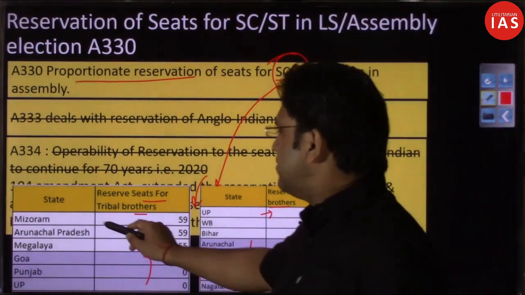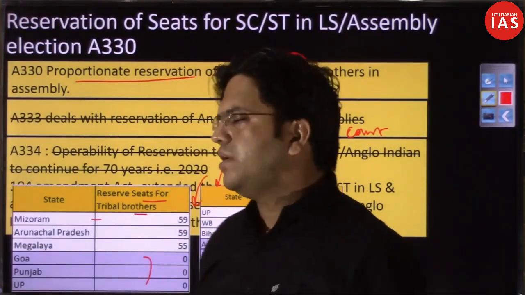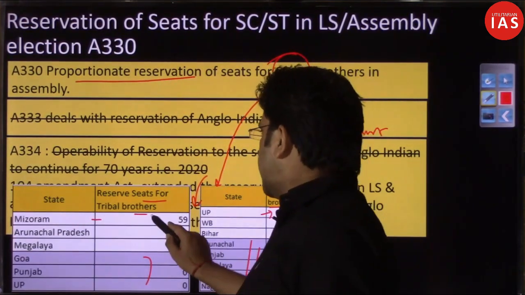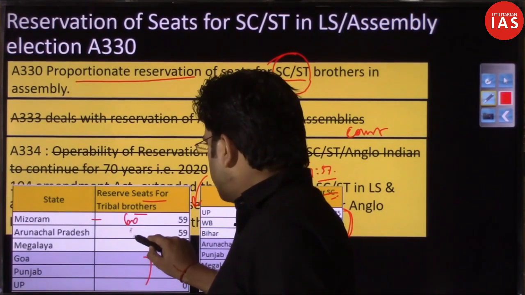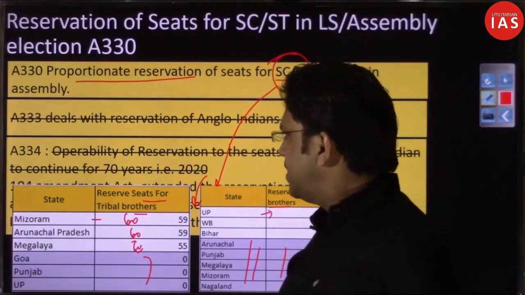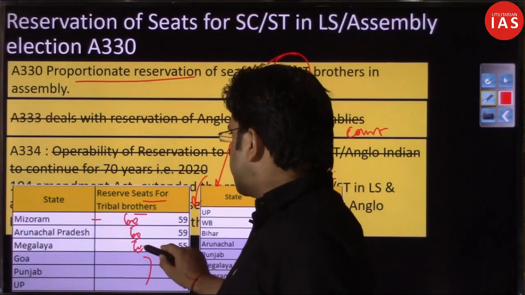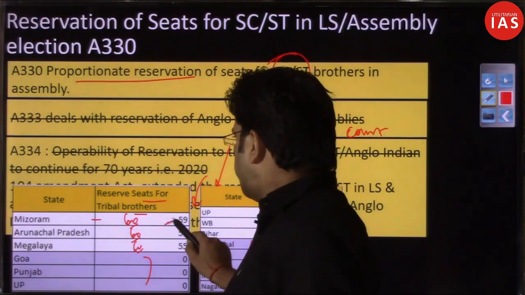As far as tribal population in Mizoram, Arunachal Pradesh and Meghalaya is concerned, they do have a huge tribal population. Mizoram has an assembly size of 60, and out of 60, 59 seats are reserved for the tribal population.